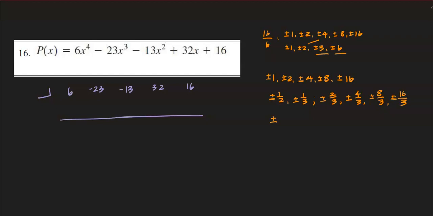With a denominator of 6: 1/6, plus or minus 1/3 is already encapsulated, 2/3 is already there, 4/3 are already there, 16 divided by 6 is 8/3, already there. So those are all the ones.